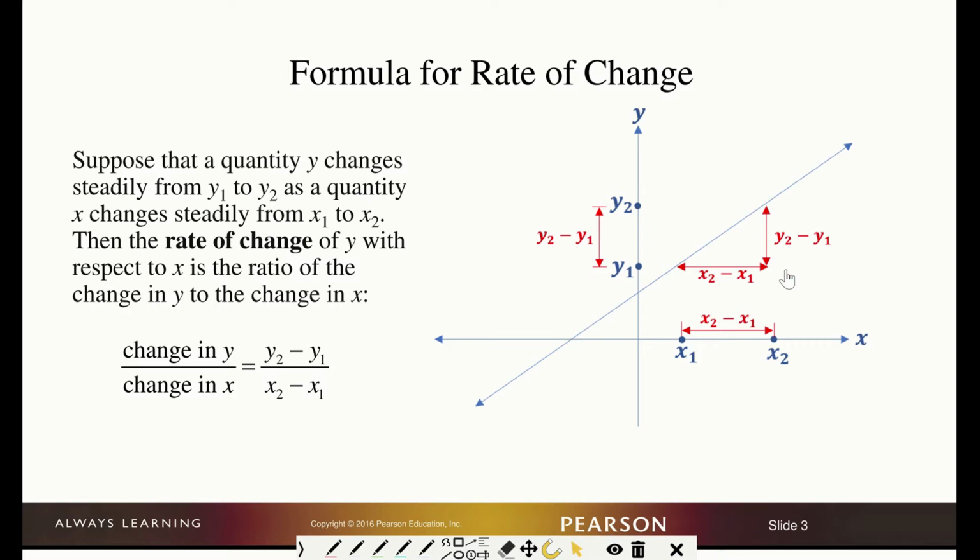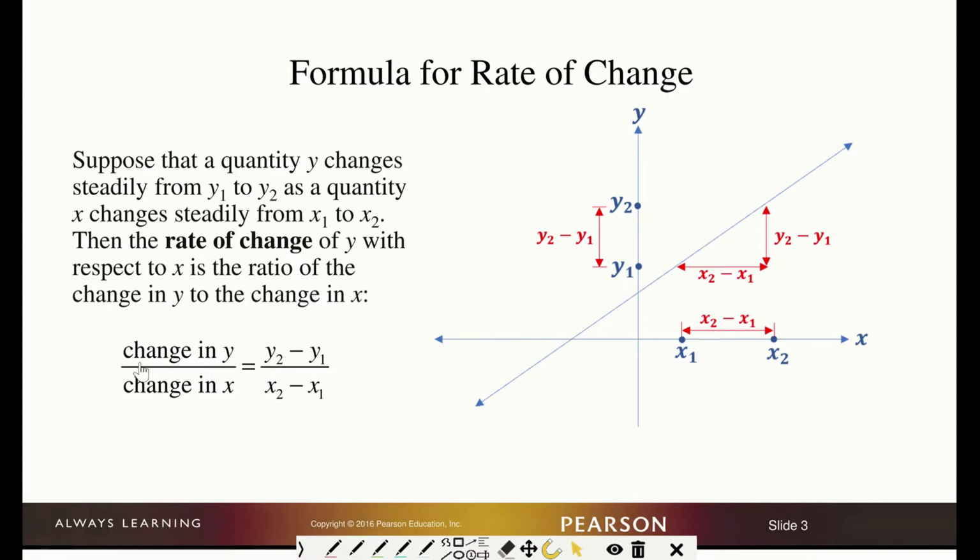So the quotient, the ratio of this change in the response variable to this change in the explanatory variable, is what we consider to be the formula for the rate of change of y with respect to x.